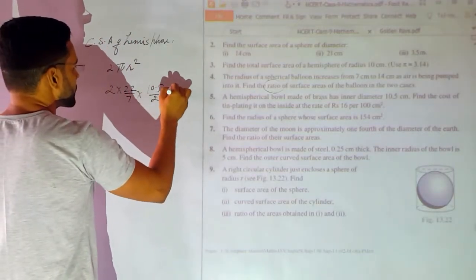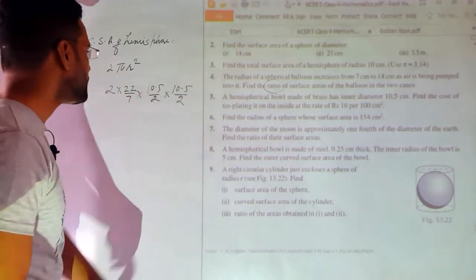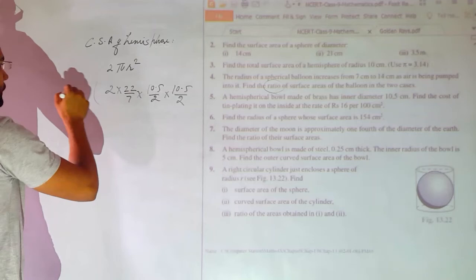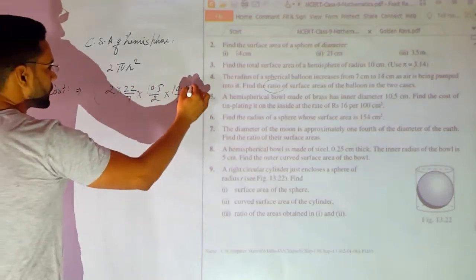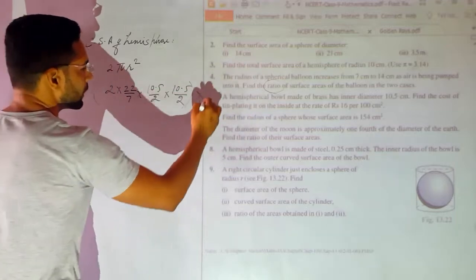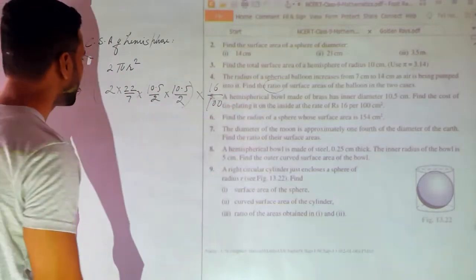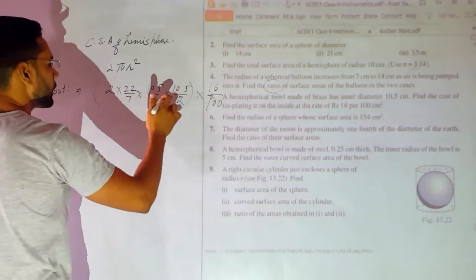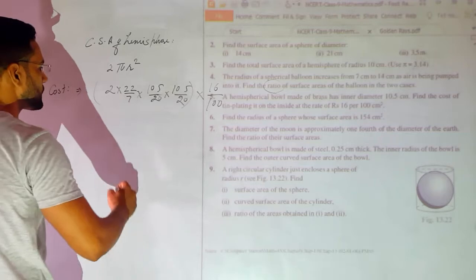Now the cost is the area into the rate. Now remove the decimal, same thing, and after this cross.